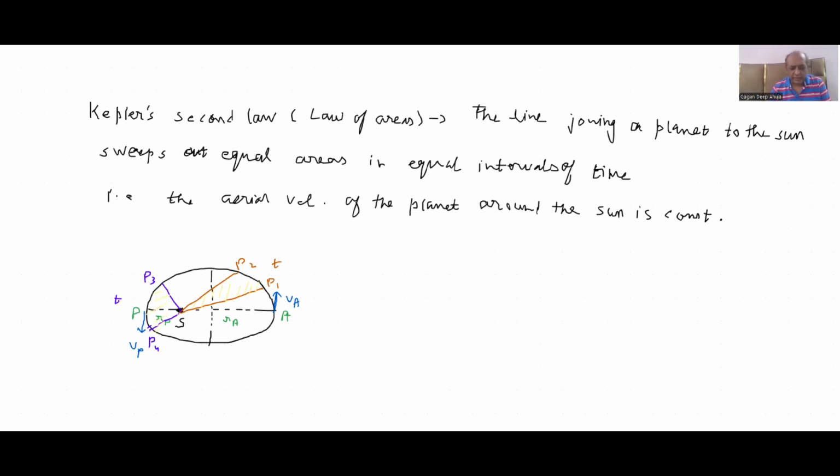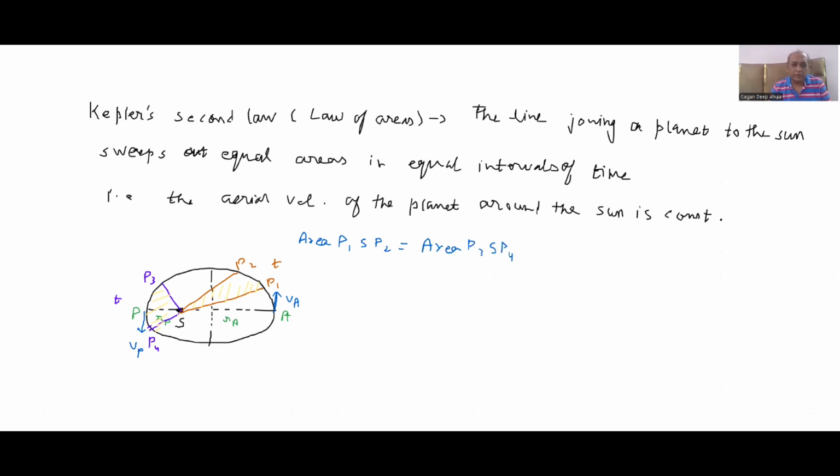What we are saying is that the area swept by the planet will be the same. That means the area P1SP2 will be equal to the area P3SP4. So these two areas will be the same.